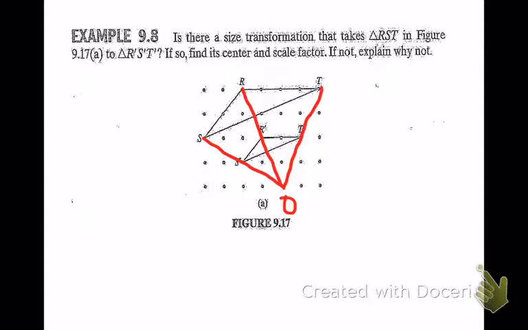We found its center. Now, as far as the scale factor goes, when we go from R prime T prime to RT, we go up 2 over 1, right? And then we do it again, up 2 over 1.